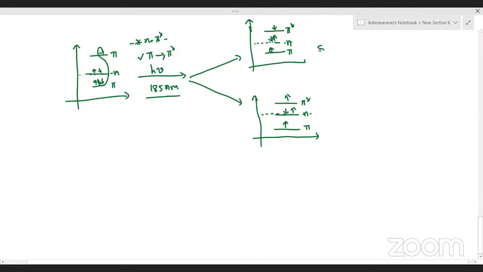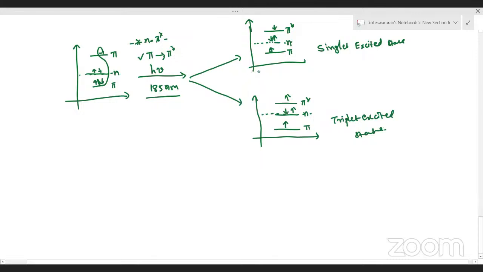This is the singlet excited state, and this is the triplet excited state. Now, how will you represent it?